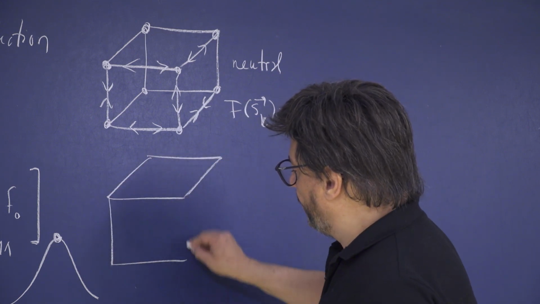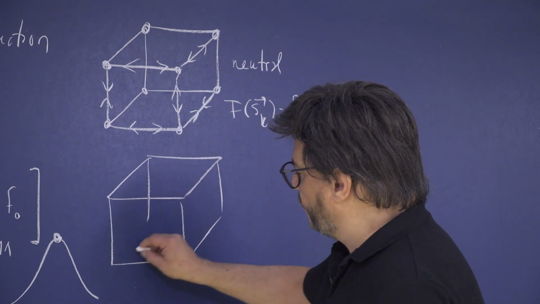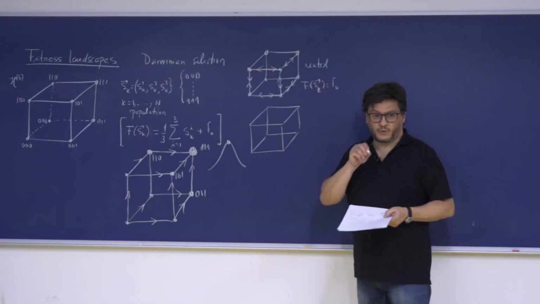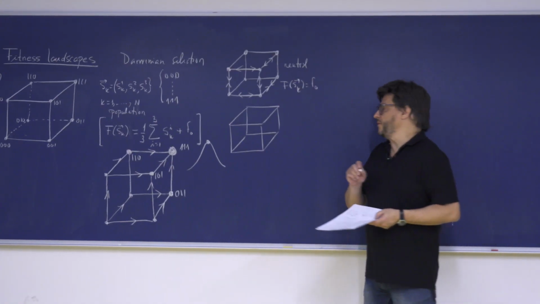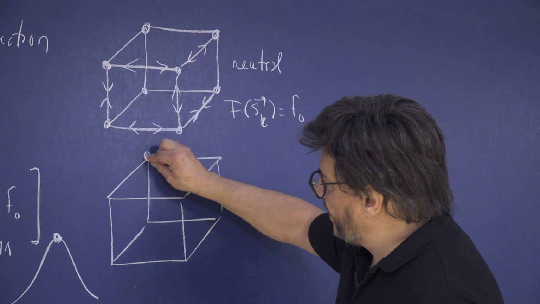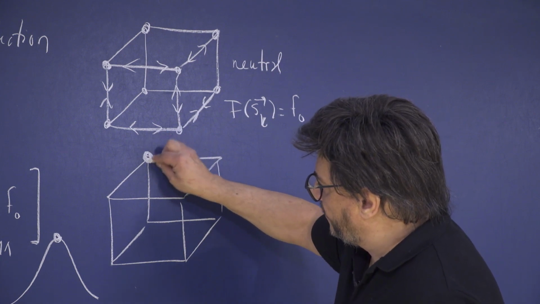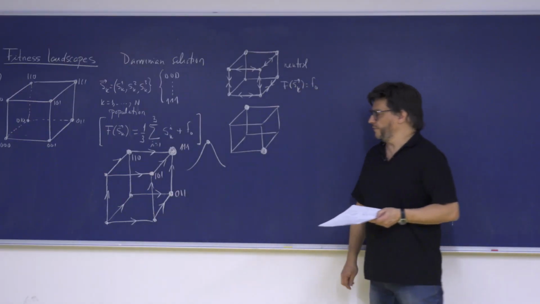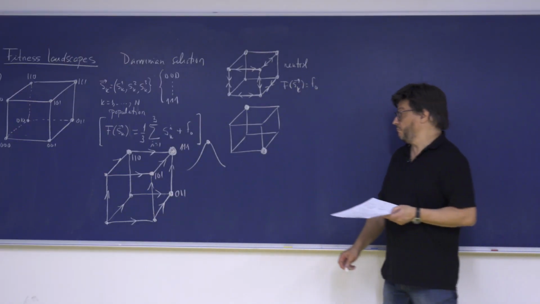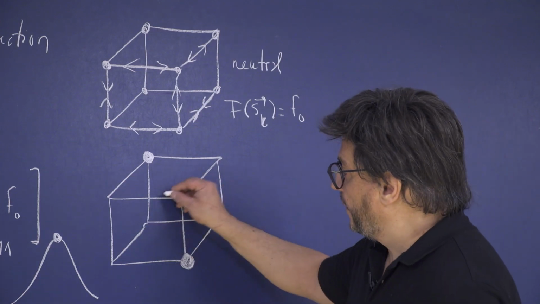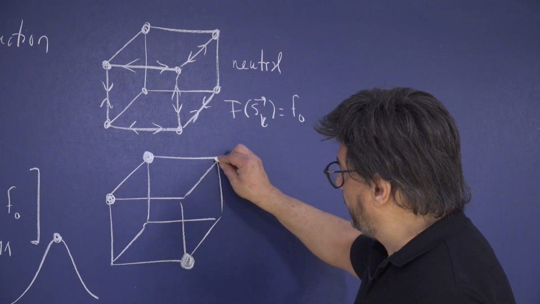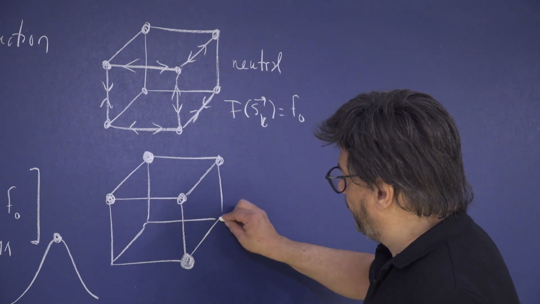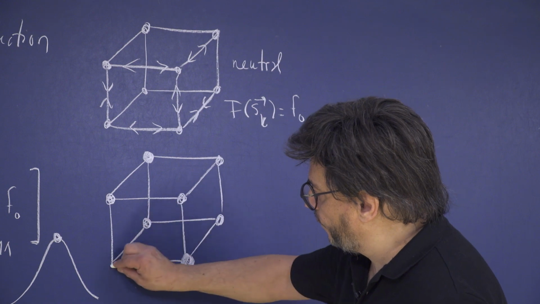Another example, right? You can think about how you actually write this down mathematically. A fitness landscape where, for example, you have these two maxima, right? Whereas the rest, for example, go like this, right?